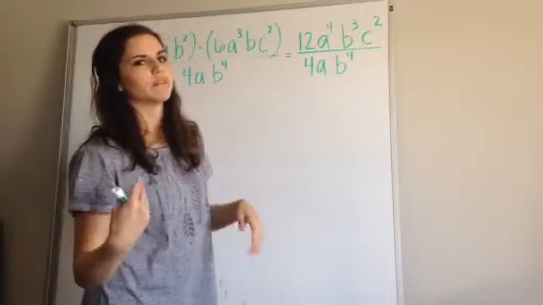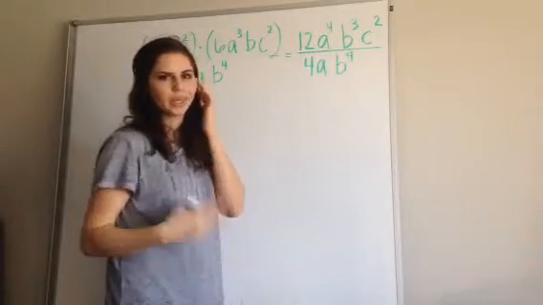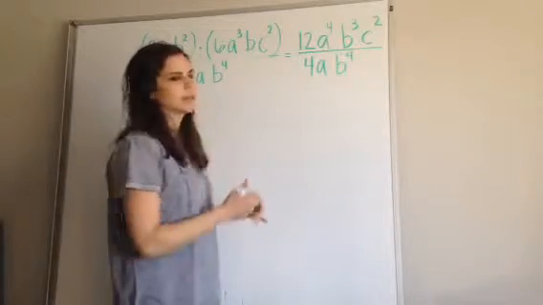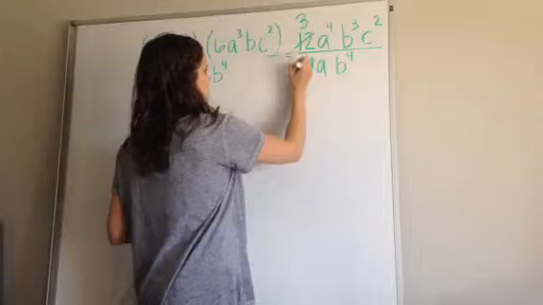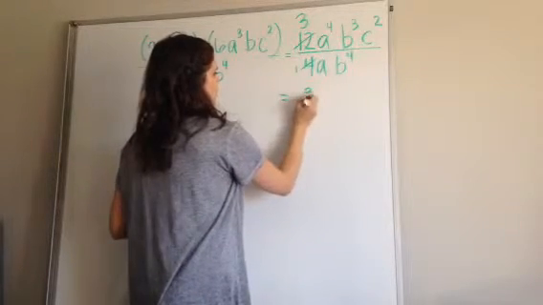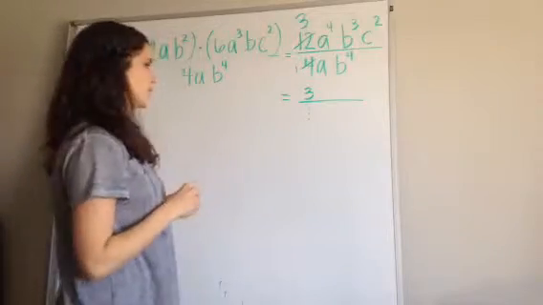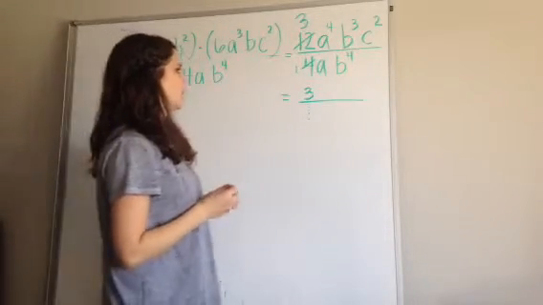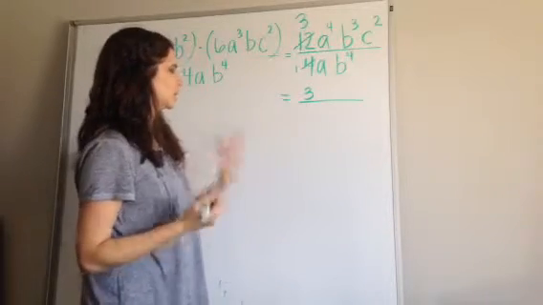So you always want to try and find the biggest number, but if you can't, just keep on doing 2 until you can't simplify it anymore. So 12 and 4. 4 goes into here 3 times and into here 1, so we're going to have 3. And I can write an invisible 1 until I decide if I need it there or not. Which, since it's on the bottom, we wouldn't even need it because you don't have to technically write it.